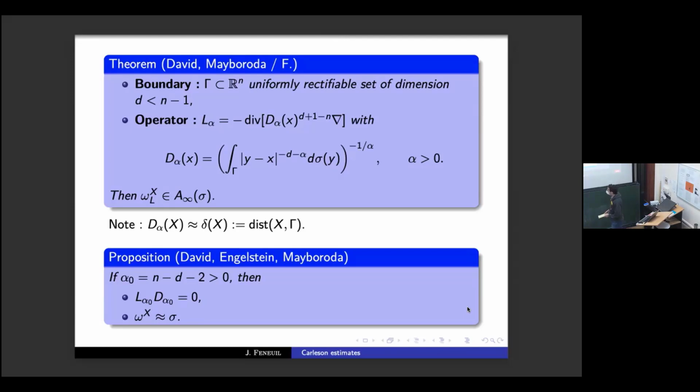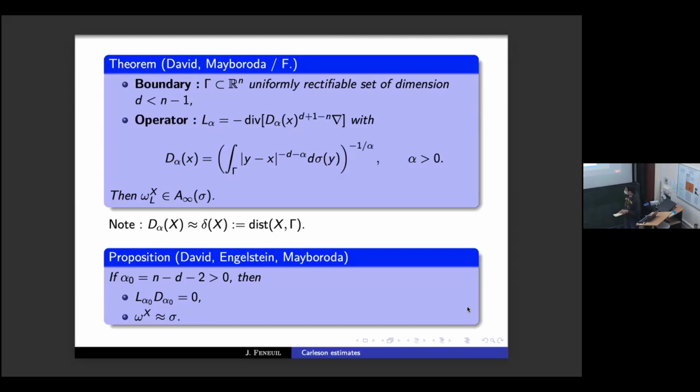So our choice of operator, which we think could work, is something which is written minus divergence times d to the power alpha as before, times gradient. So d is a substitute to the distance. So in particular, d is equivalent to the distance to the boundary, but it's much smoother. So it's infinitely smooth inside the domain.